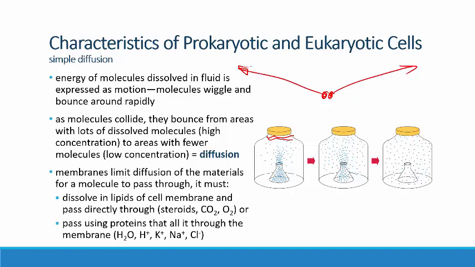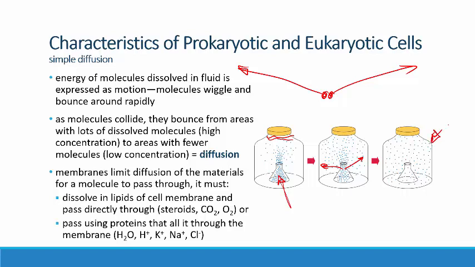Because the dye molecules have a lot of collisions with each other, being in such high concentration here, as they collide the materials move away from the area where the collision happened and out away from that center of high concentration until finally everything is evenly dispersed.